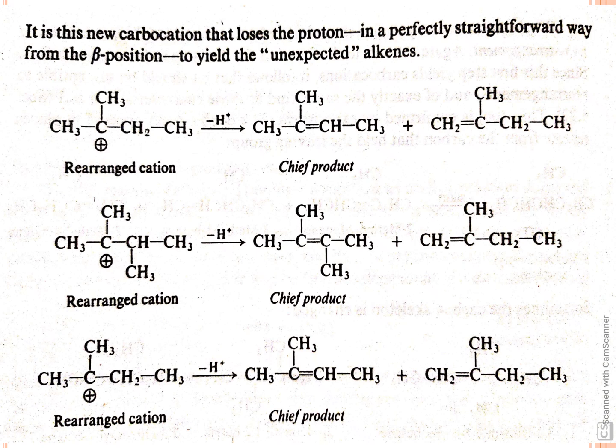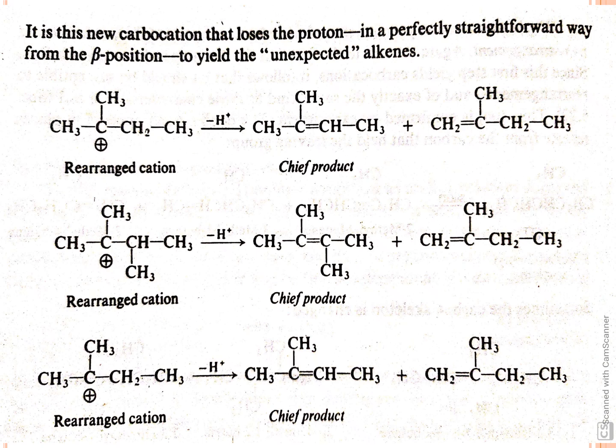So what is the difference between this main product and secondary product? In this first reaction you can see the chief product. The double bonded carbon is attached to a hydrogen, and here also methyl groups are there.